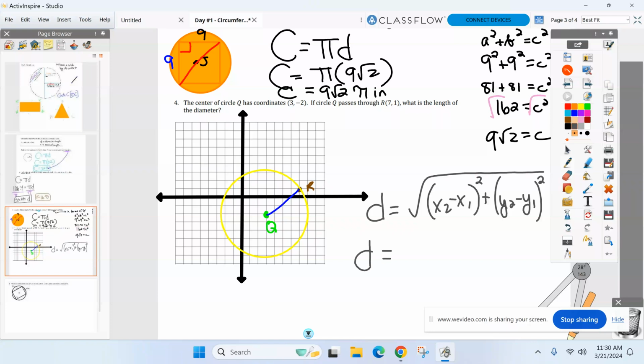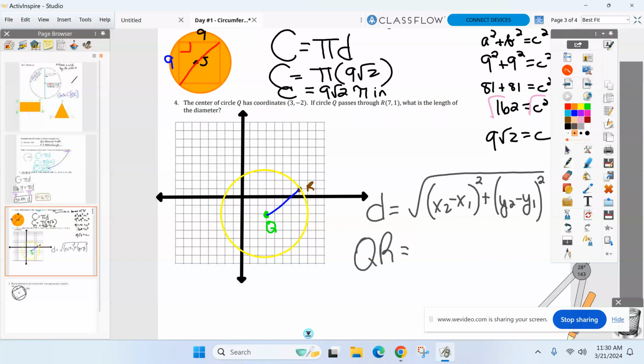So go ahead, find the distance of QR, and then we'll double it. And do not go on to the next problem.